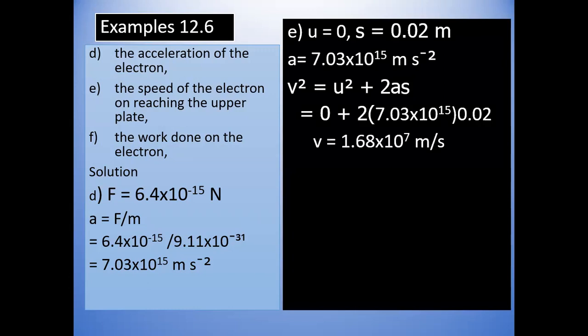They purposely do questions like this from last semester's work; you are required to remember it. Then calculate the work done on the electron.